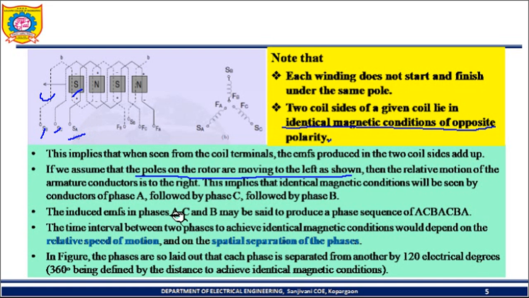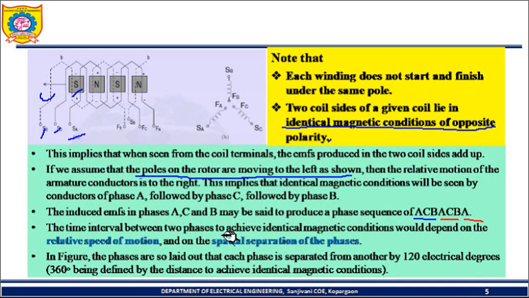The induced EMF in the coils or phases A, B, C may be said to be produced in a phase sequence of A, B, C, then A, B, C, and again A, B, C. So likewise it is going to happen.